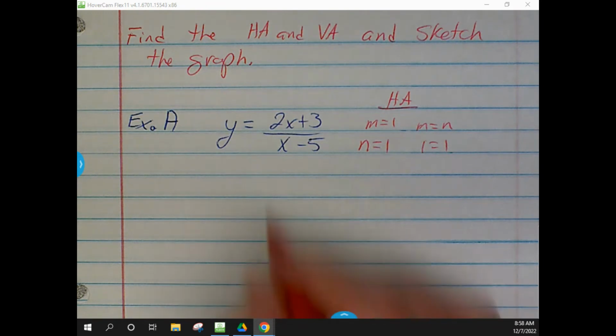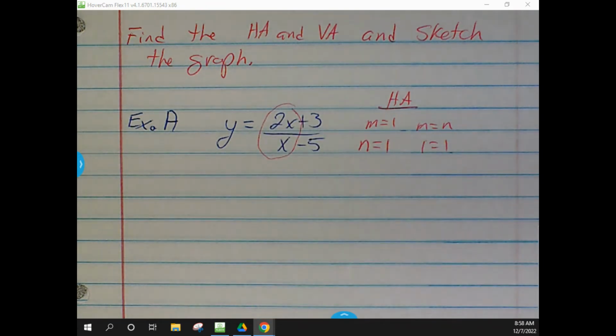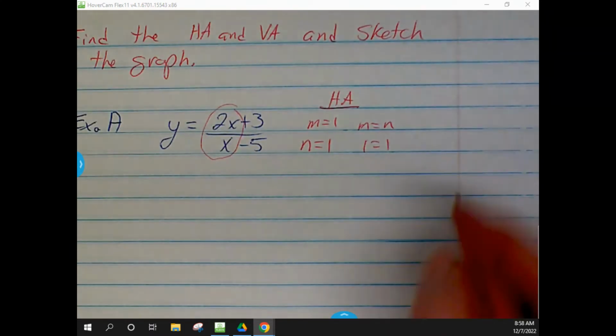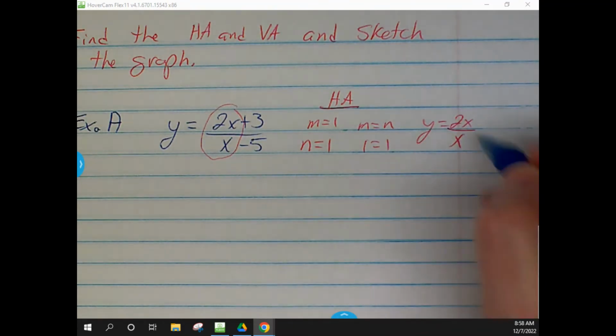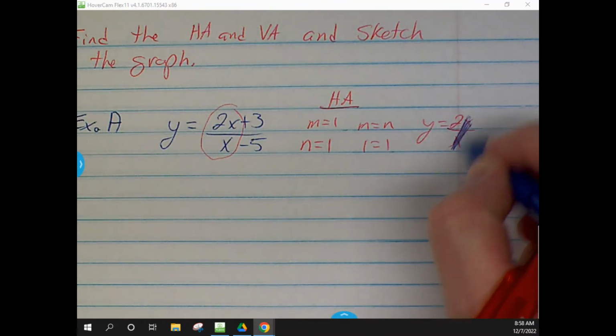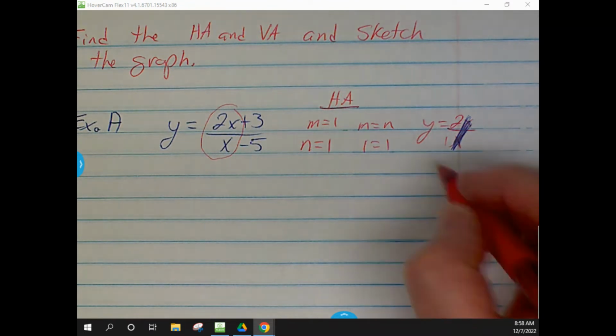So in that case, we're going to take the first 2 terms we've got here and put those 2 things over each other. So just do 2x over x. And by doing that, the x's cancel out. It just leaves you with a coefficient. So that's really 2x over 1x, or just y equals 2.